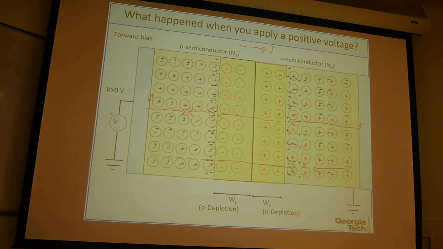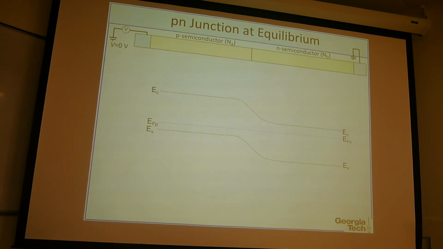Okay, but it's easier to look at this process from the band model. That's why I prefer the band model, and it's more important for you to understand the band model. So this is the band model at equilibrium. I just want to emphasize the Fermi level is flat, a single Fermi level.